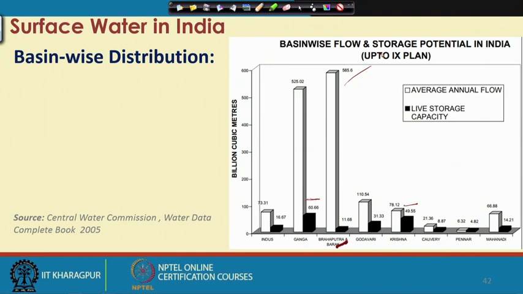So, not much is lost there, and of course, some smaller rivers also fall in that category. This data gives us a prospect of looking at how much water a river carries in a year, whereas how much it can store at any given point of time.